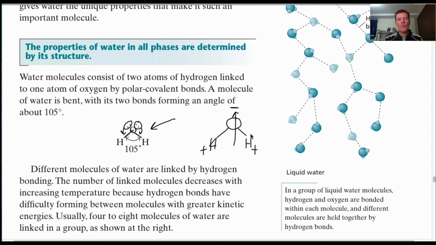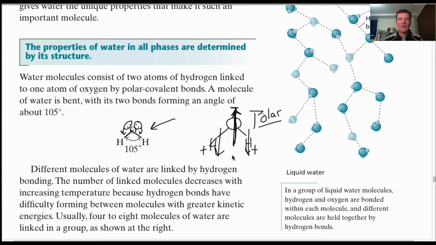So this whole water molecule has a negative tendency on the oxygen side, and it has a positive tendency over here on the hydrogen side. It is polar. Okay? Being polar gives it a bit of a one-sided charge.